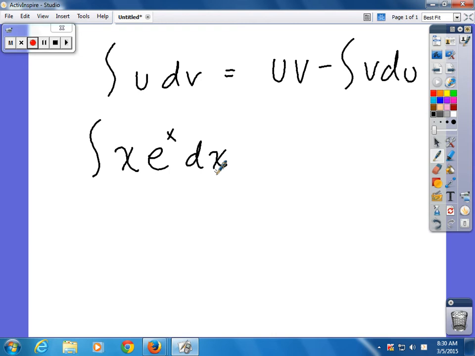So in this case, you want to pick dv to be e to the x because you can take the antiderivative of e to the x and it's e to the x. So here we're going to make dv equal e to the x dx. And u is going to be equal to x. Like so.